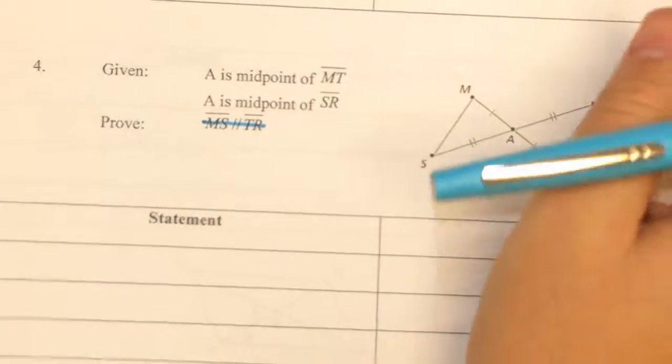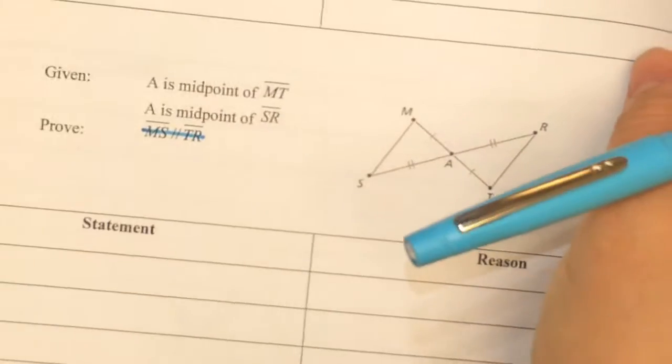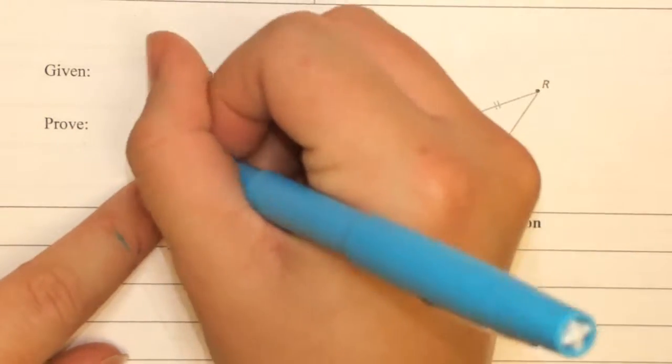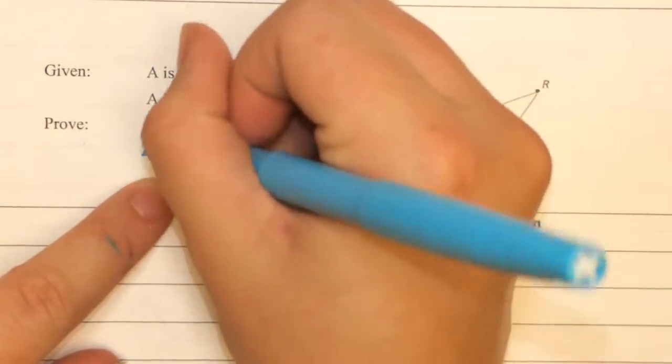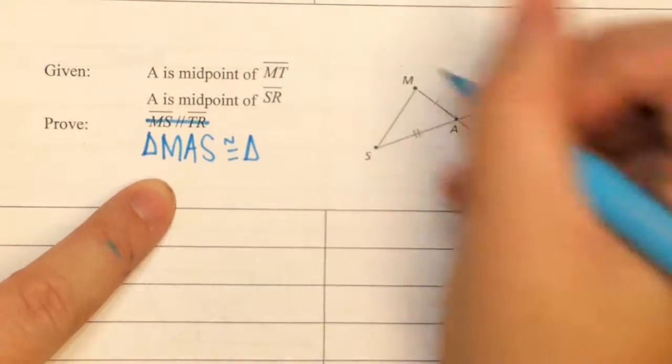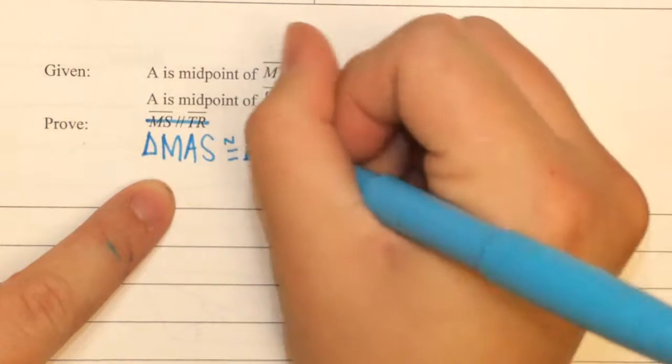I want you to change this because we haven't gotten to this part yet. So cross out where it says MS is parallel to TR. Does everybody have one? Okay, so instead of proving that MS is congruent to TR, I want you to prove that triangle MAS is congruent to triangle TAR.